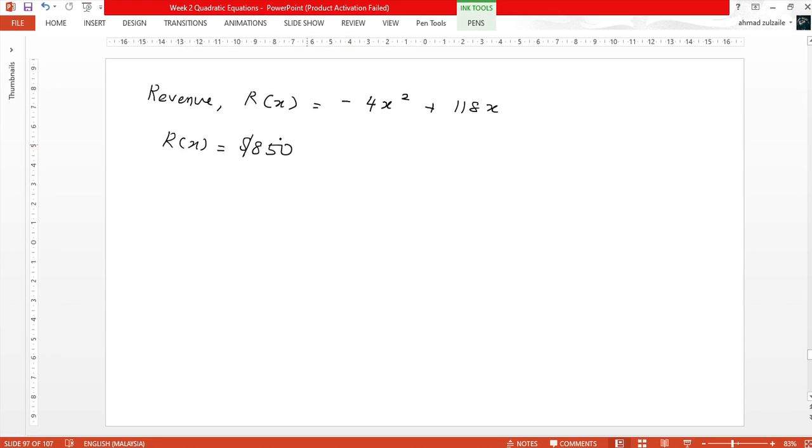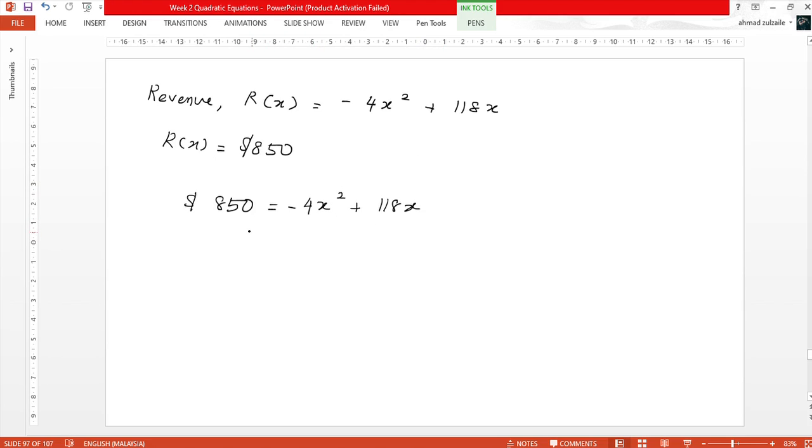Right, so in order to get this revenue of $850, we substitute into the revenue equation, right? So 850 equal to negative 4x squared plus 118x, right? So your job is to find what is our x.